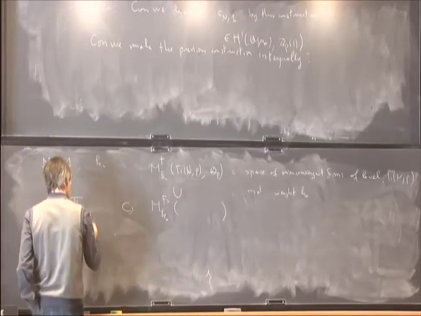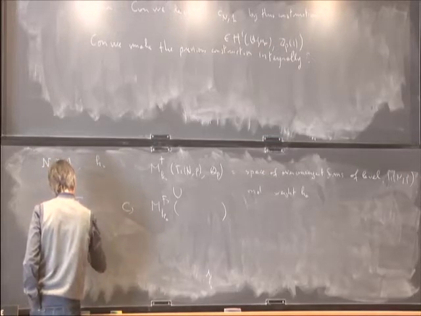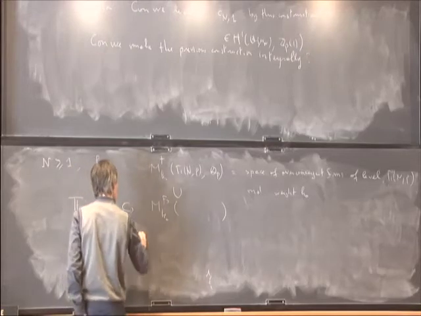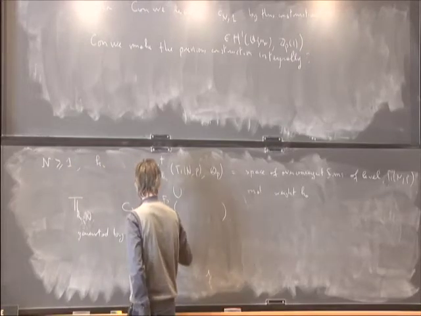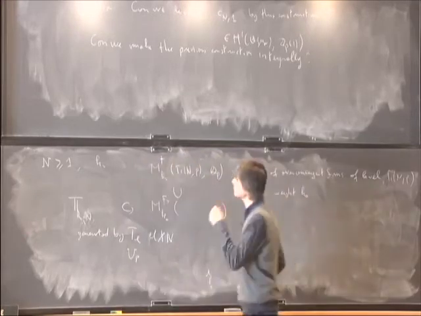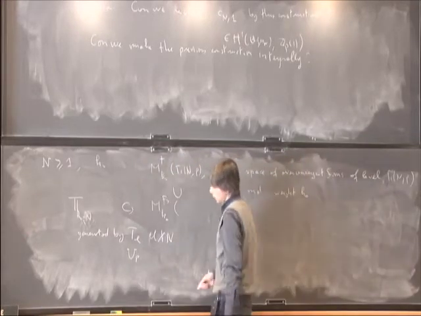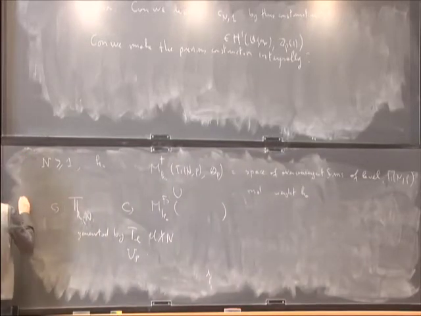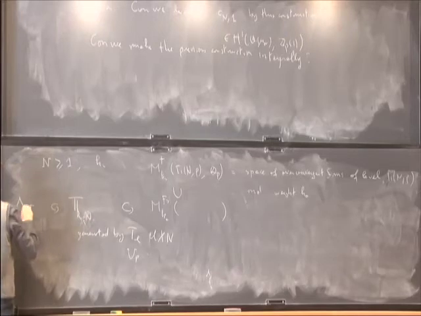You look at the Hecke algebra generated by T_ℓ, ℓ not dividing n, and by U_p. And you have an action of Λ_n.